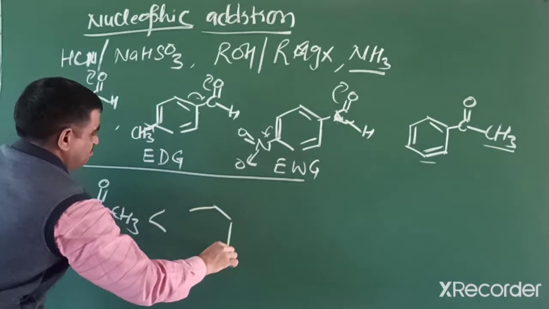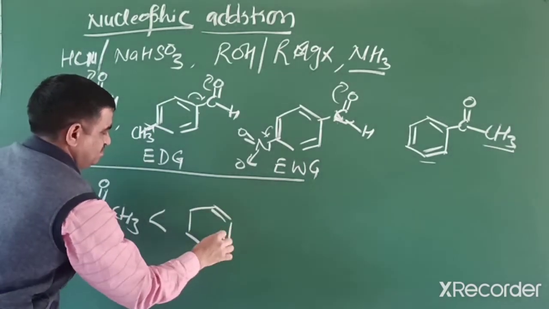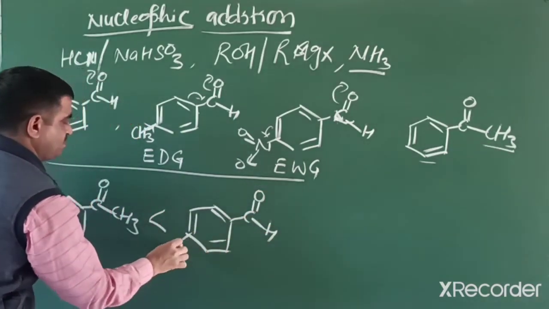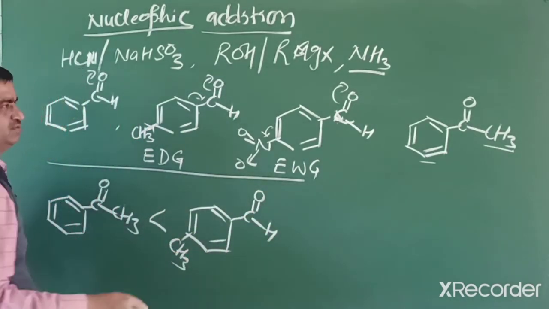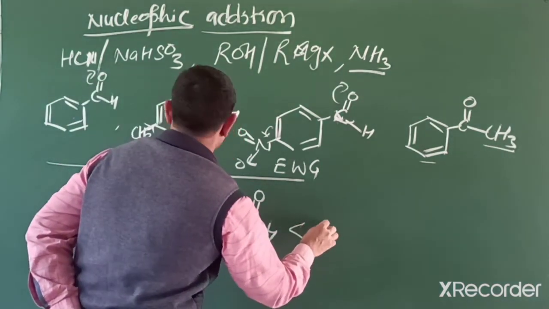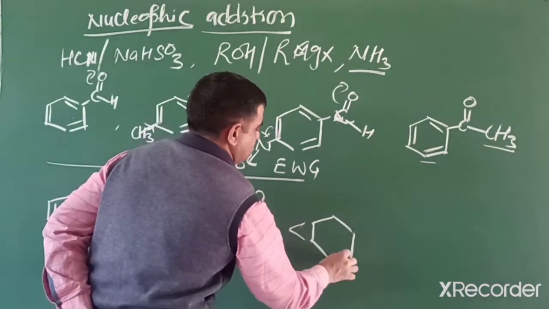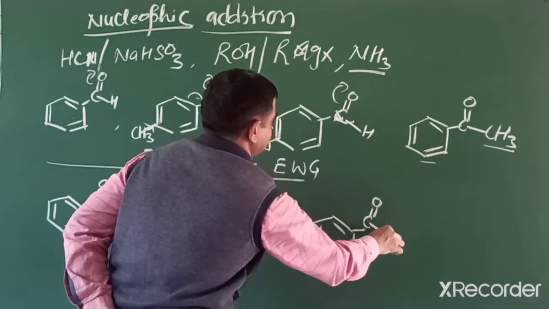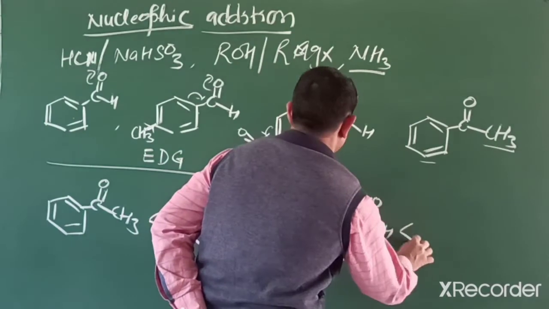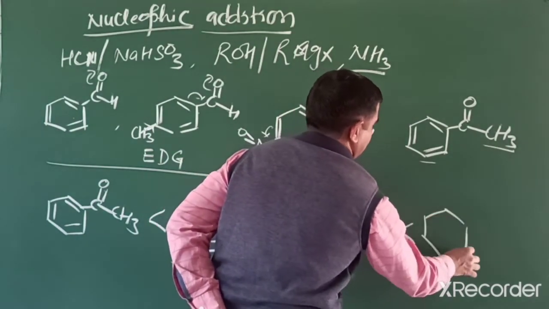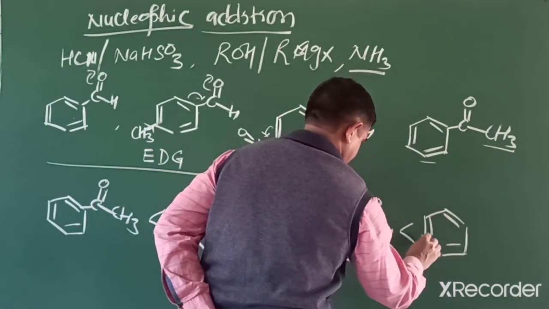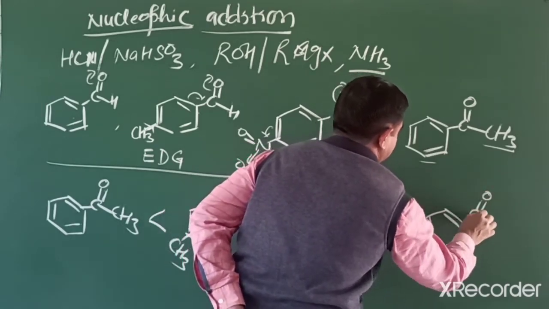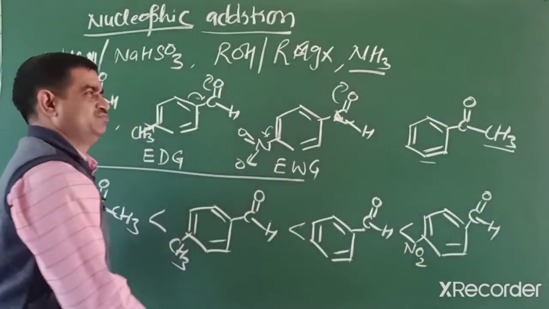So we can write this one, after that benzaldehyde. And the most reactive is para-nitrobenzaldehyde. So this is the reactivity order.